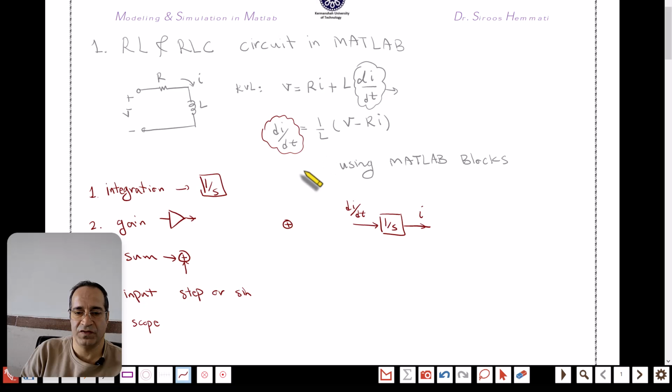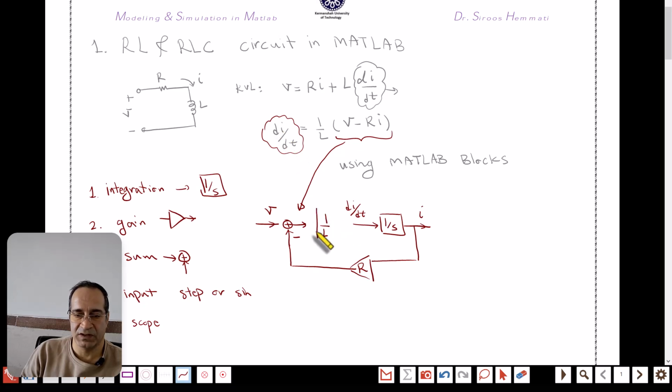This is summation, V comes in, and then with a negative sign here and R here, using a gain block, I have Ri with a minus sign. The output here is this term V minus Ri, and then 1 over L gives me di over dt.